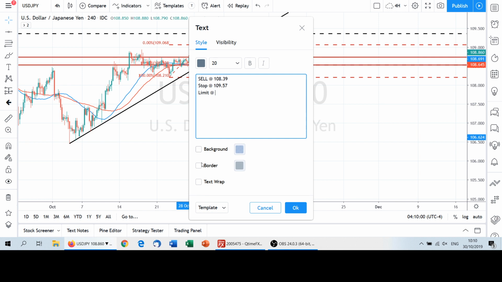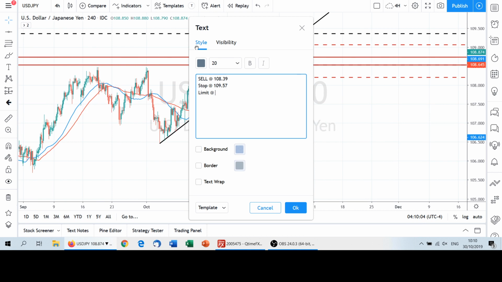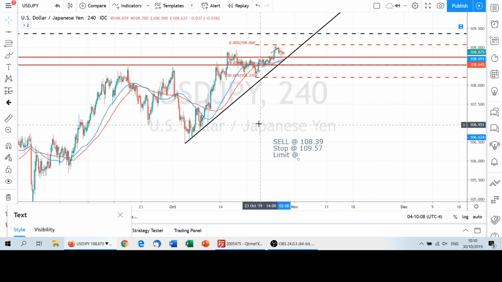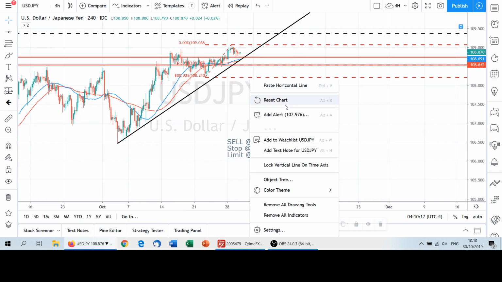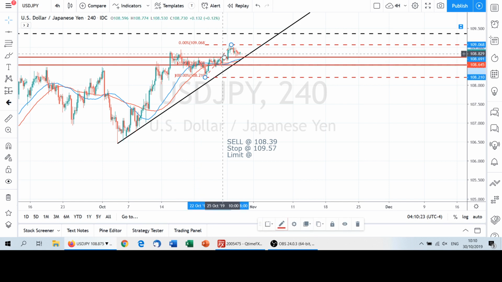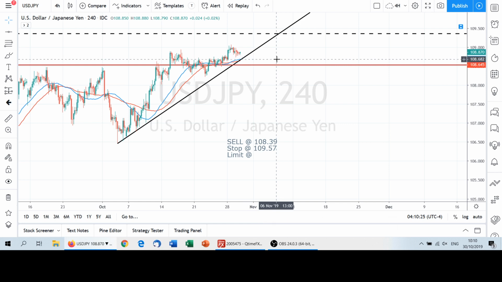So let me take this down a little bit. I want a limit that is more than 100 pips, and it's not very hard to attain. I want to delete this, I don't want to make a mess here.